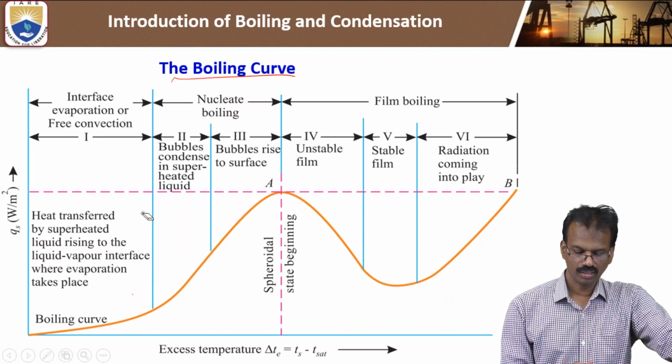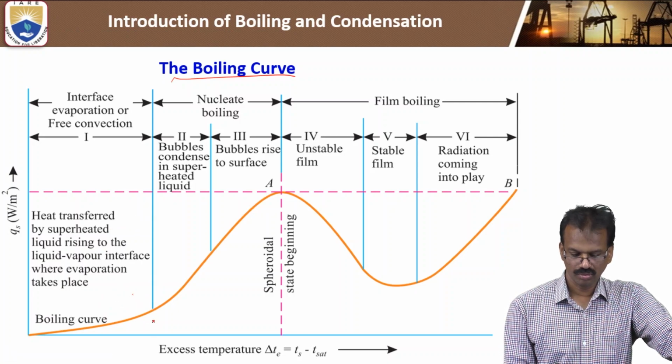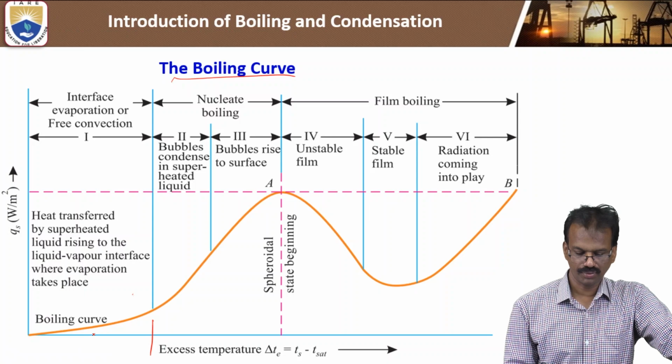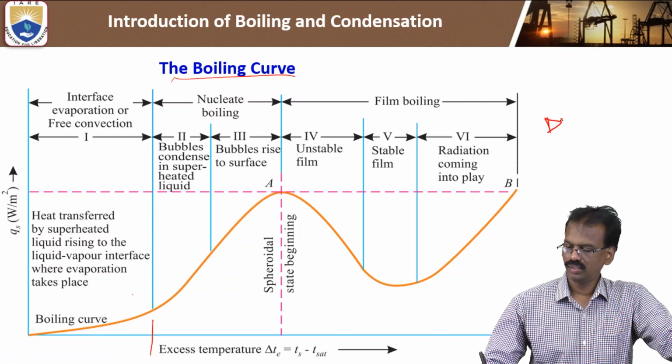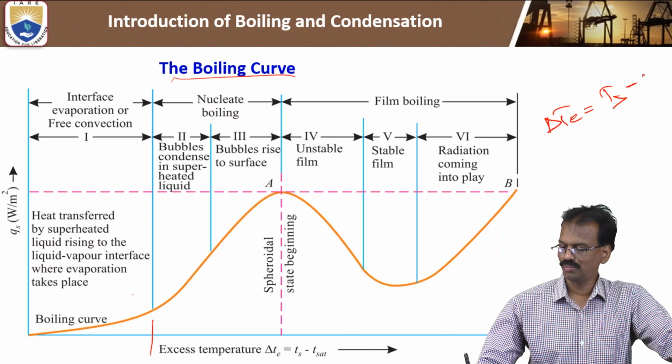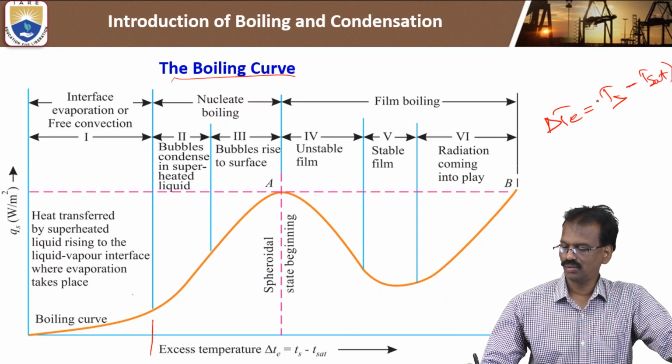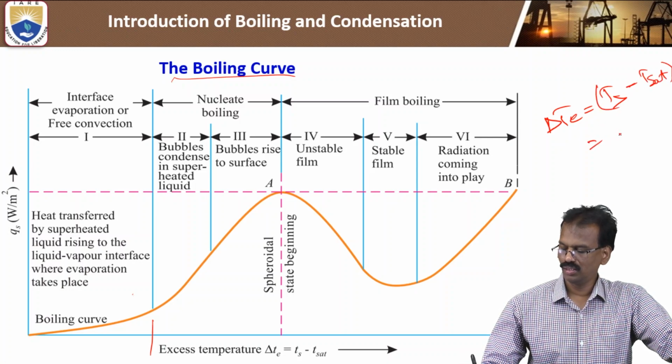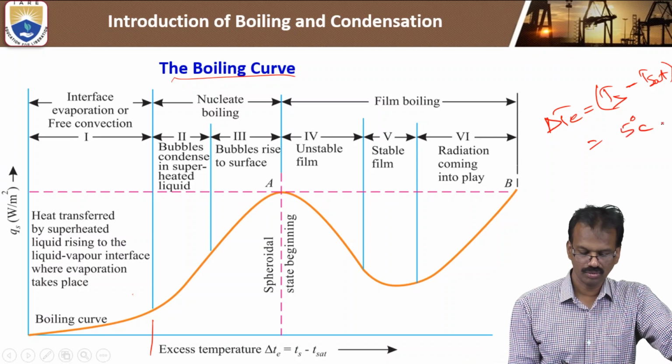This is the boiling curve. The temperature here is the temperature difference, delta T excess, which is the solid surface temperature minus the saturation temperature of the fluid. That is nearly 5 degrees Celsius on the curve.